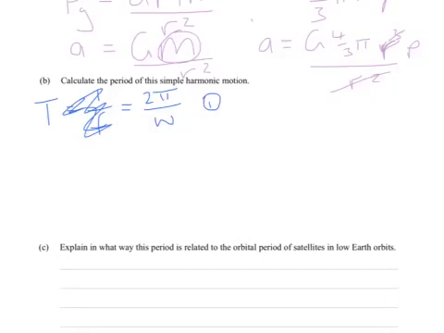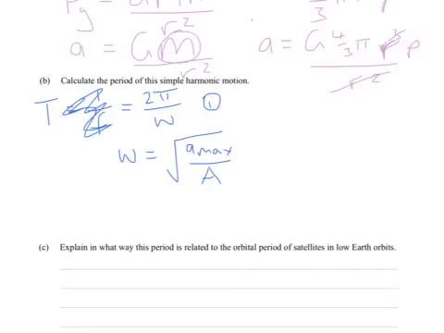And we also have, from the maximum acceleration equals omega squared A, we can rearrange and get another equation of omega equals the square root of the maximum acceleration over the maximum displacement, or the amplitude of motion, or in this case the maximum radius.